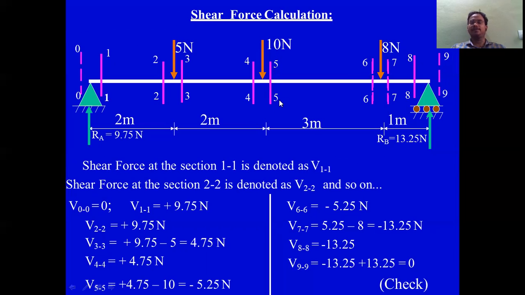Then 7-7 is near 8 on the left, and 8-8 is to the right of 8, to the left of the support.